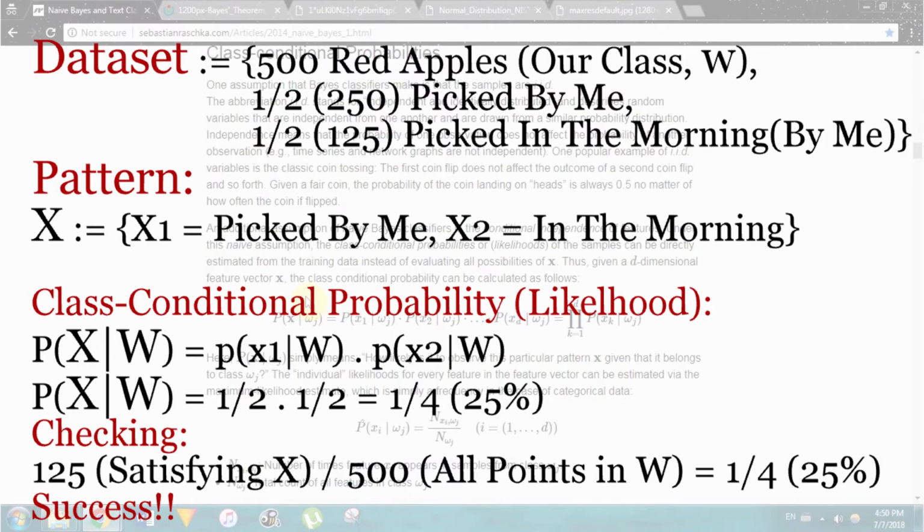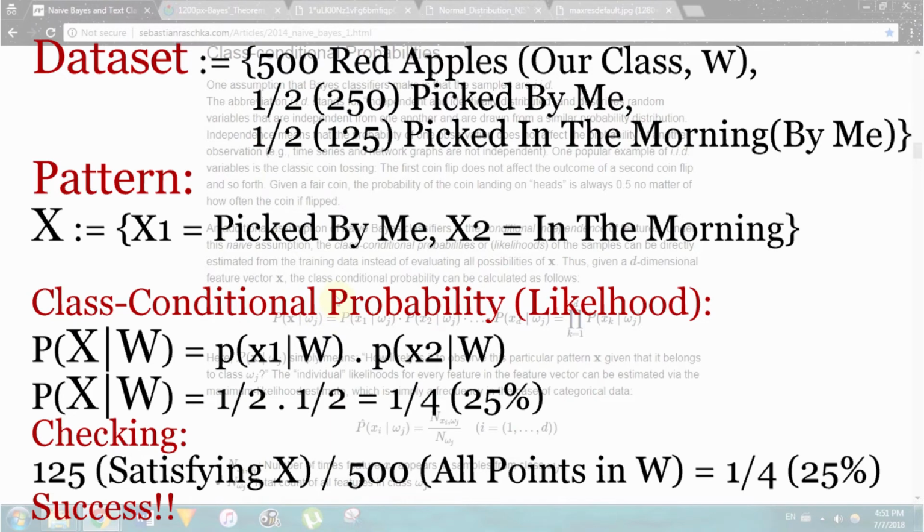Then the probability of an apple picked by me, that's a red apple, in the morning is also 1/2, because of all the apples that I picked, half of them were in the morning, which means that 0.5 multiplied by 0.5 results in 1/4 or 0.25, which means that the probability of observing the set pattern is 25% having all red apples.